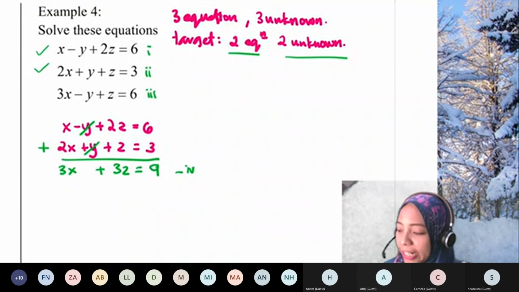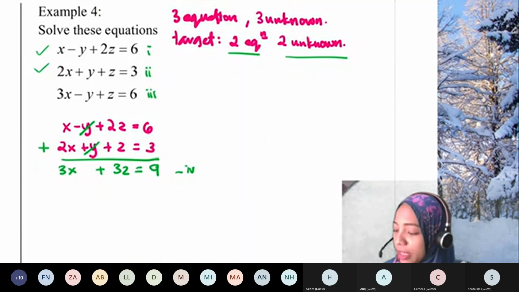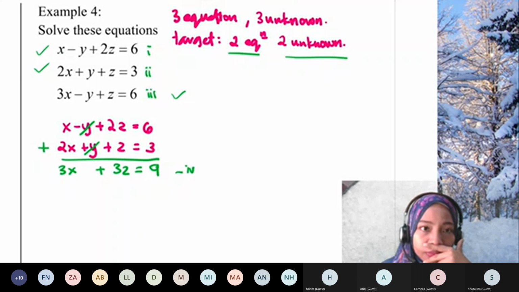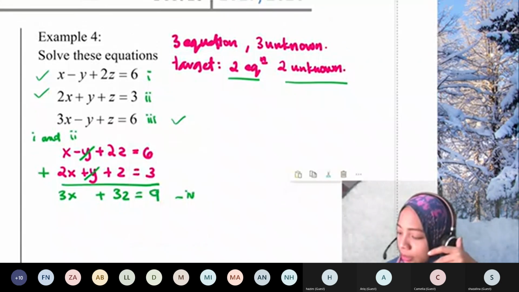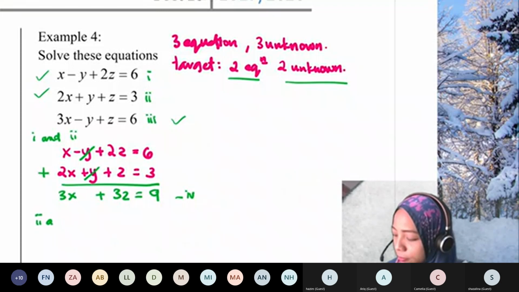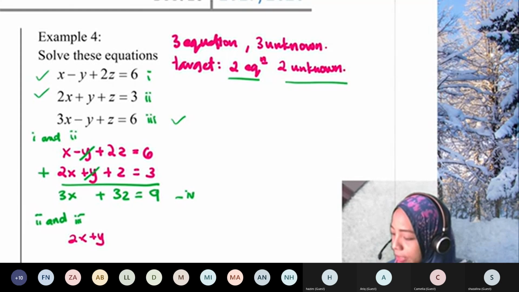What we did just now was carry on the calculation for equation 1 and 2, right? Now equation what with what? 3 with what? We must use 3, but 3 with what? 2. Okay, just now we did 1 and 2, now we can do 2 and 3. So the equation is 2x plus y plus z equals 3.